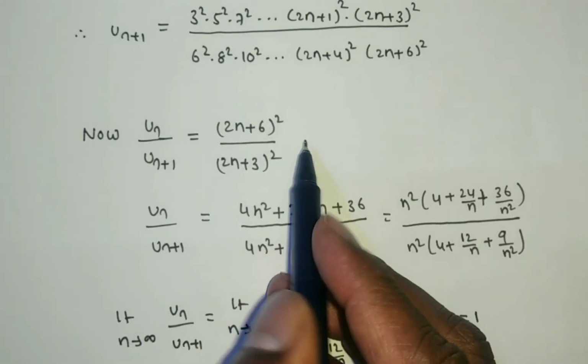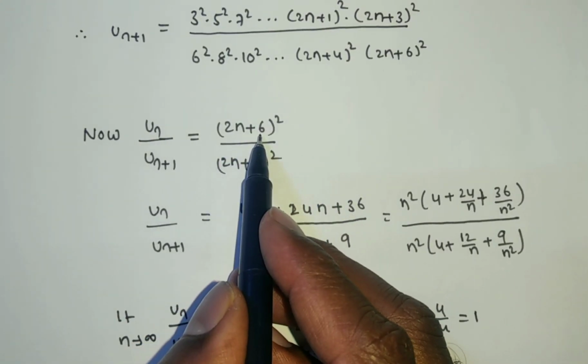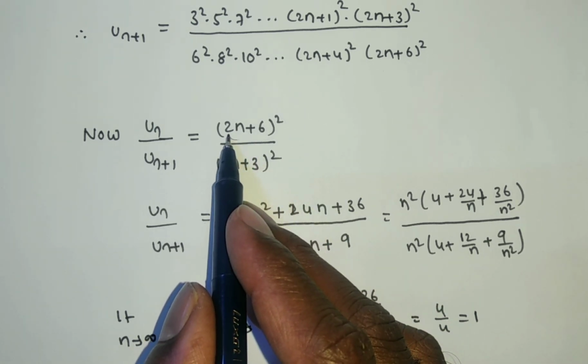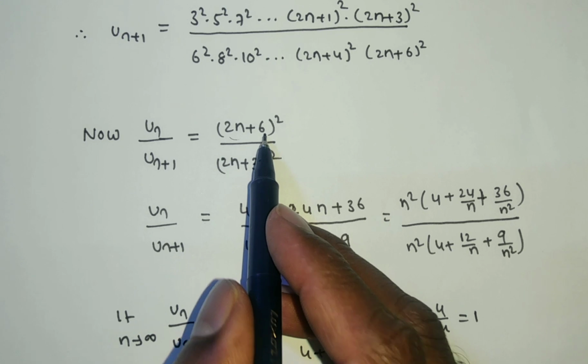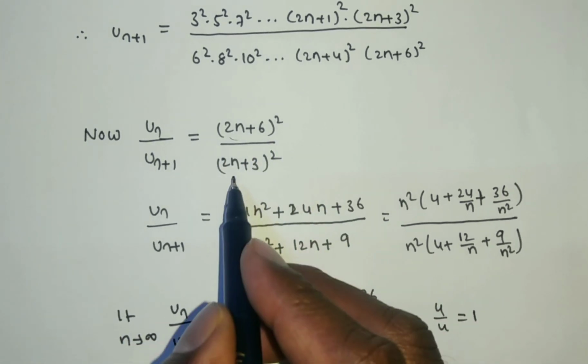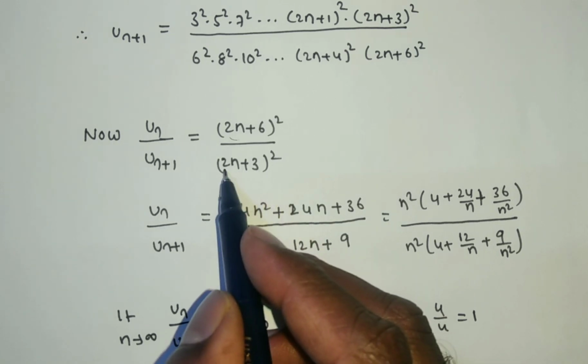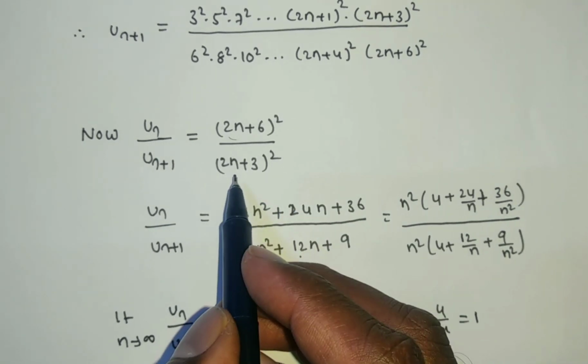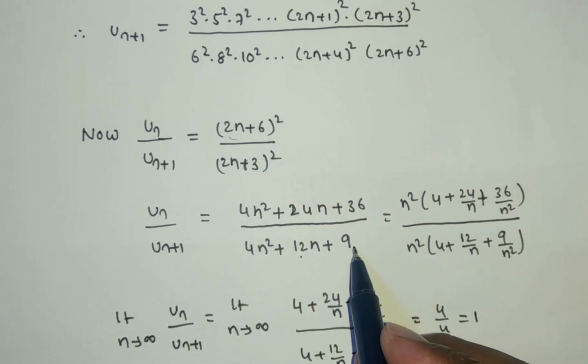Now expand: (a plus b) whole squared becomes a squared plus 2ab plus b squared. So 4n squared plus 24n plus 36 divided by 4n squared plus 12n plus 9.